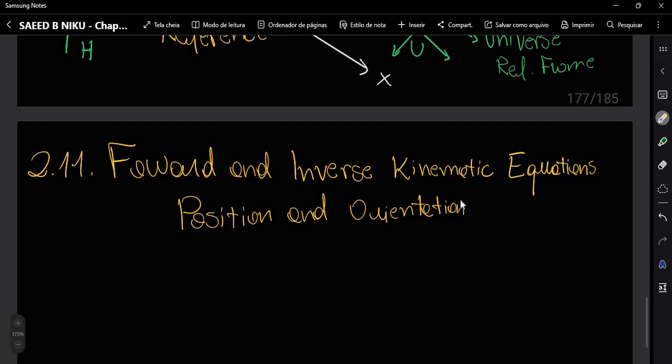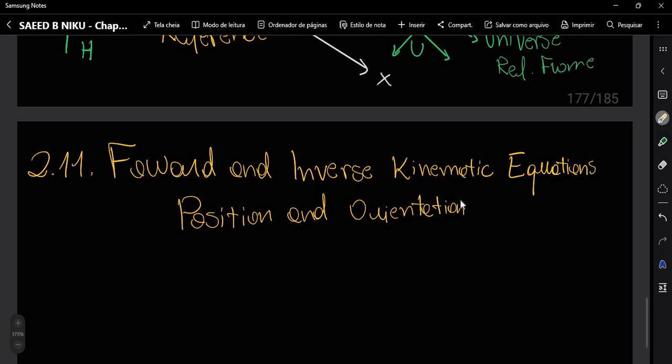So if we are interested in the position of some robot, we apply the forward kinematic equation, and if you are interested in the orientation of this robot, where the joints will be, where we want to put these joints, how we want to orientate this robot, so we apply the inverse. So both of these equations work together.